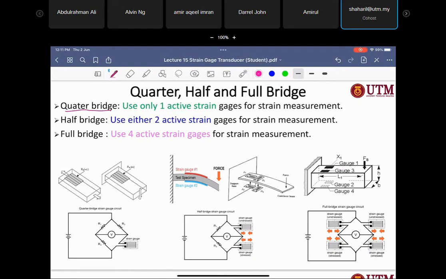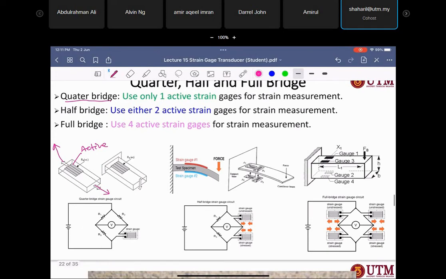If you look at here, you apply the strain gauge on the material, and then you apply the force in this direction. That means this strain gauge is the active strain gauge, right? Okay, this is active, and only one. So when it is only one, this thing we call quarter, right?